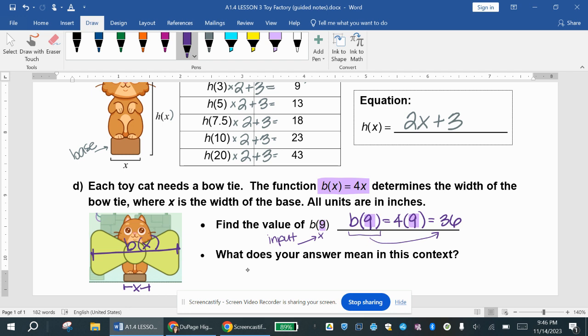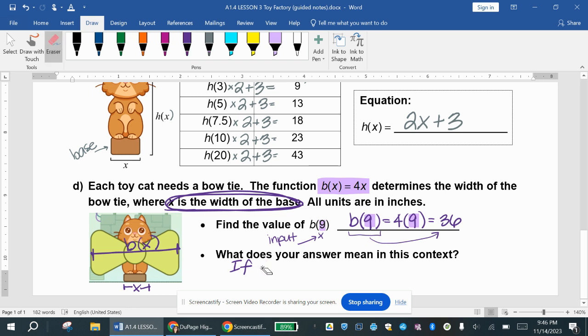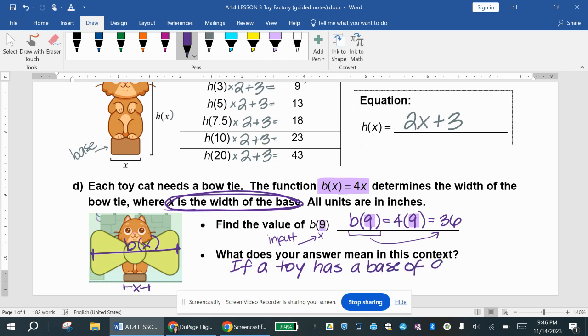Okay, so think back to what they said over here. x is the width of the base. So if a toy has a base of 9 inches, what can we say about it?